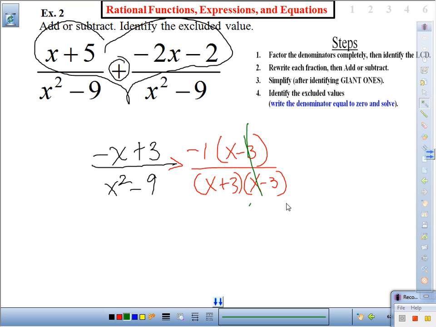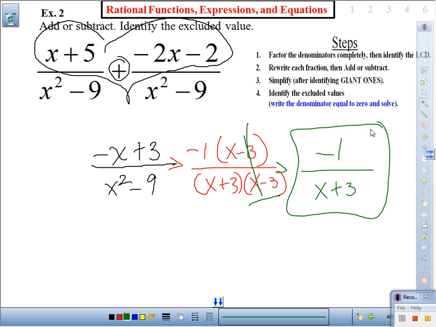Identify the GCFs. There it is. What do I have left? Negative 1 over x plus 3. That's the sum, and it's simplified to lowest terms. Do I need to do the excluded values? No, you already know how to do that. Is that correct? All right, move on to the next one.